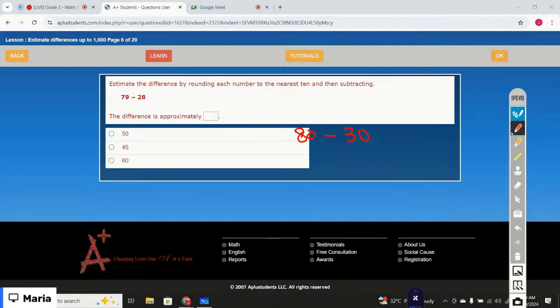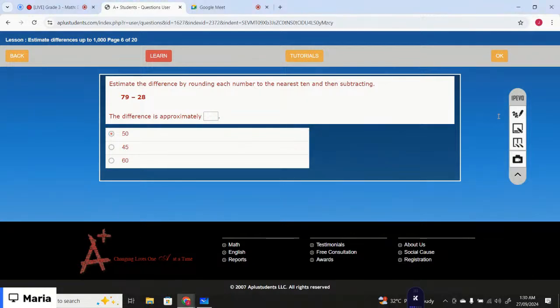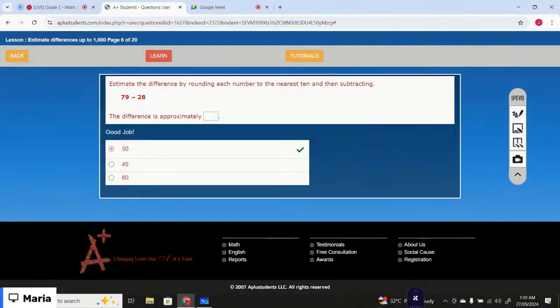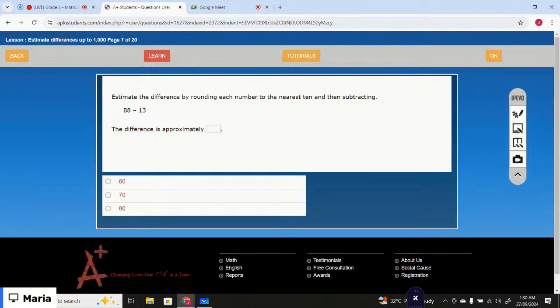So 80 minus 30 equals 50 it is. That is option number 1 is the correct option. Estimate the difference by rounding each number to the nearest 10 and then subtracting.